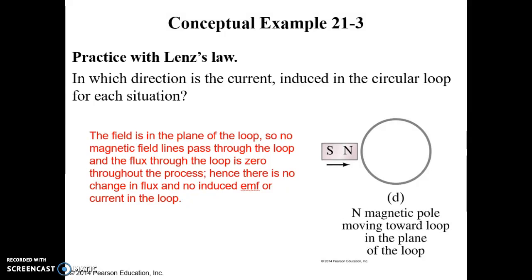For this part, the field is in the plane of the loop, so no magnetic field lines pass through the loop, and the flux through the loop is zero throughout this process. Hence, there is no change in flux and no induced EMF or current in the loop.